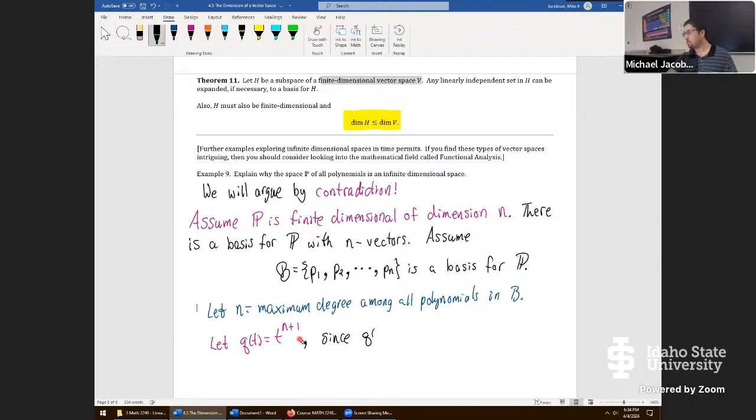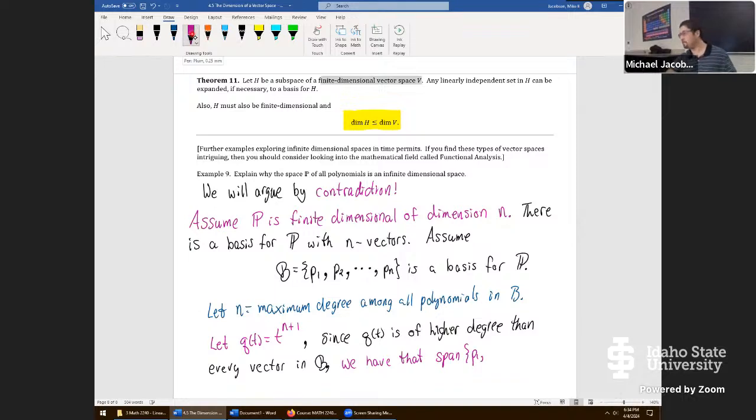Since Q(t) is of higher degree than every vector in B, we have that the span of p1 through pn is not P. Because we found one polynomial, there it is, for which the span of the set can never actually generate that polynomial.